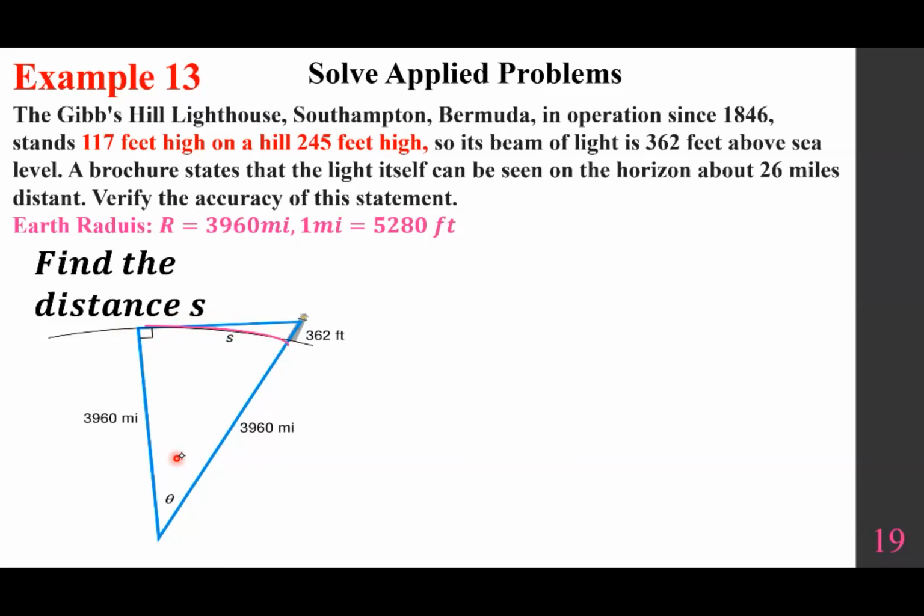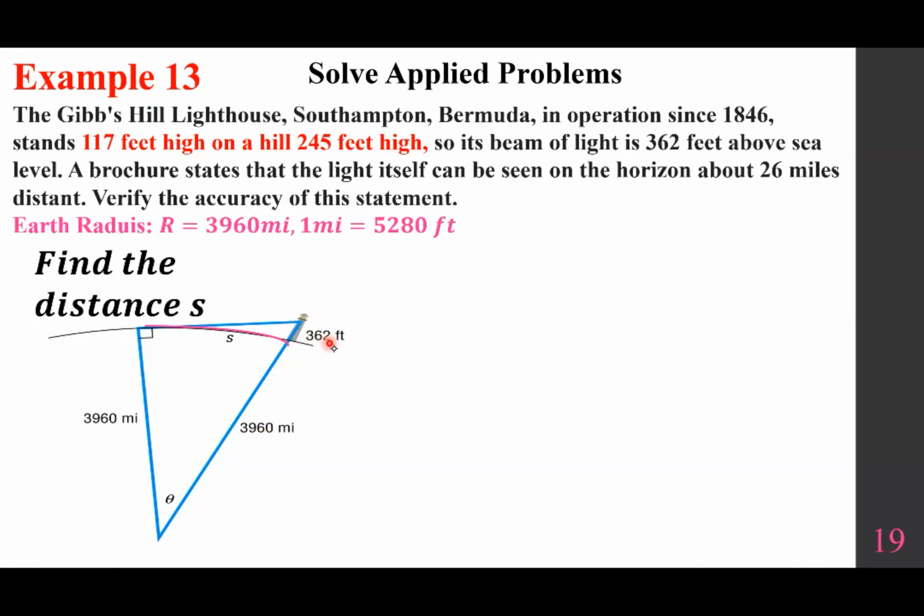And to find theta, if you look at this triangle, cosine theta would be this distance, the adjacent, 3960, over this distance, the hypotenuse, which is the sum of the radius of the earth and 362 feet.